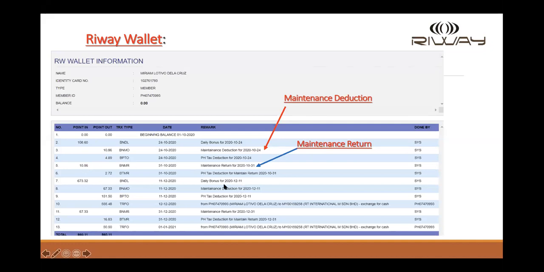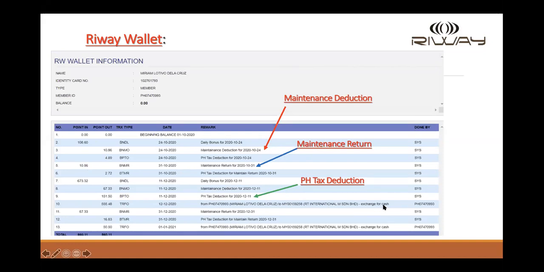All right. Then in the month of December, Miriam earned 673.32 automatically, maintenance deduction 67.33, tax deduction, and then if this amount is transferred to RT International, that is my account, it is exchanged for cash.